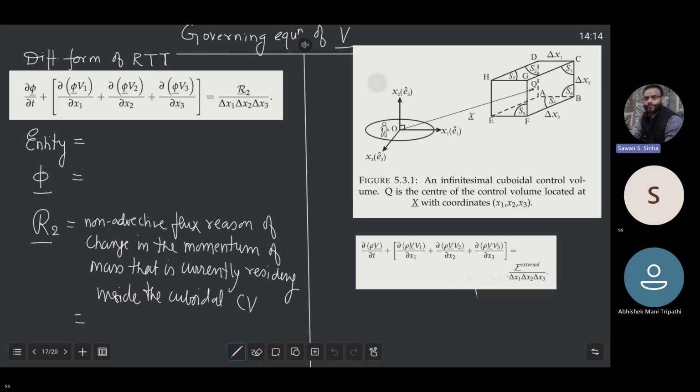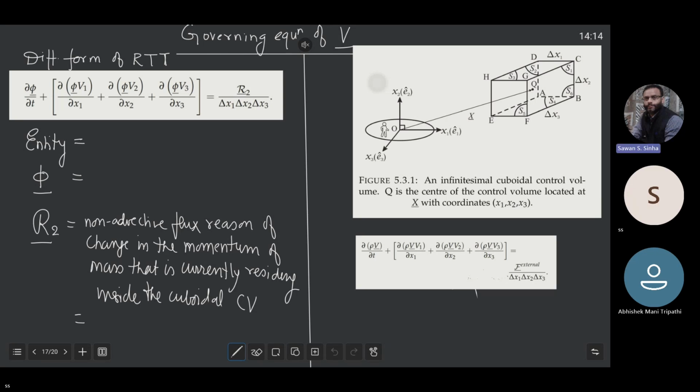I don't want to change its location, but only monitor the N contained in it. So how is that changing with time? So I use this symbol. This is just a symbol. And the unit of this will be, of course, entity per second: kg per second, momentum per second, or joule per second. I keep it on the left hand side.